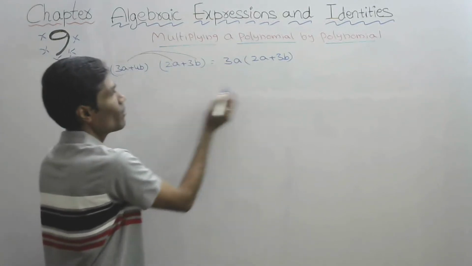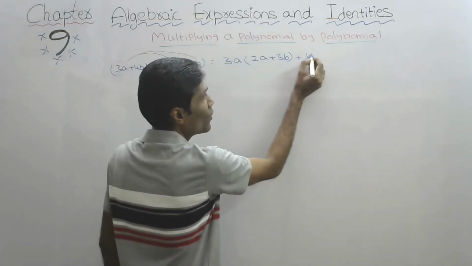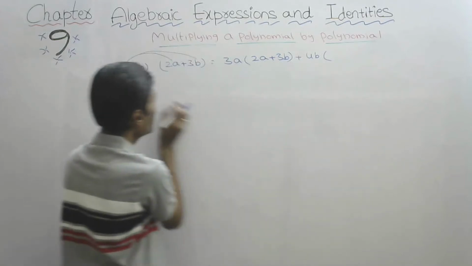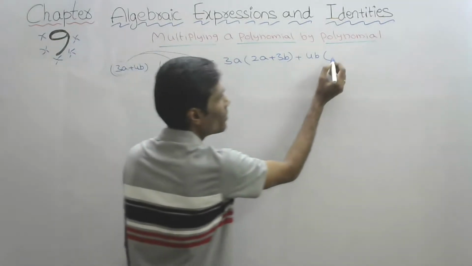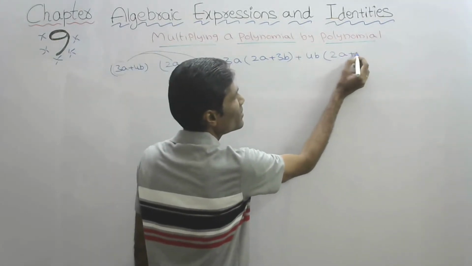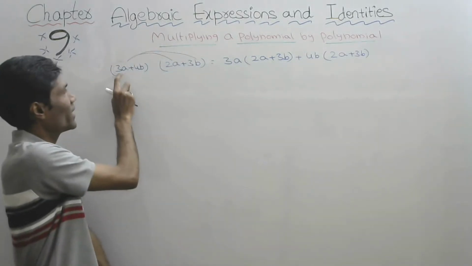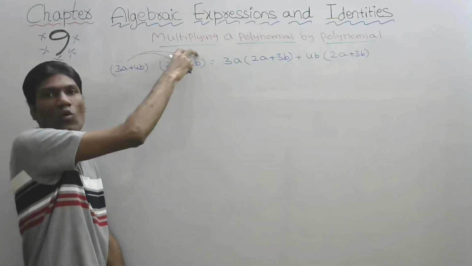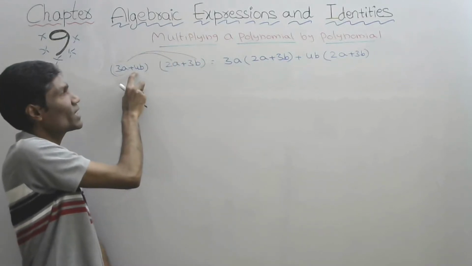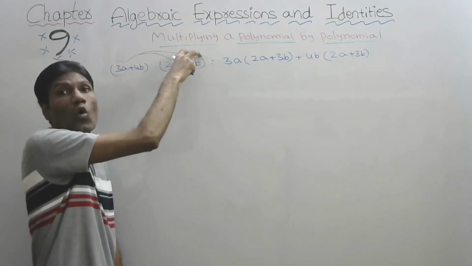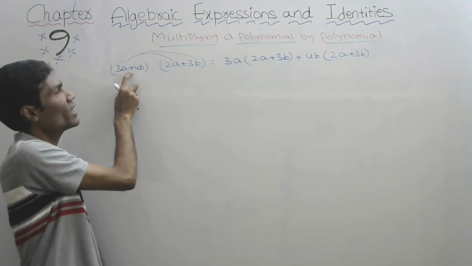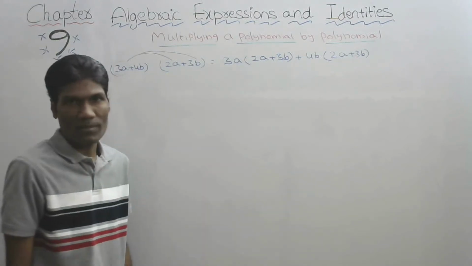What is the symbol here? Plus. So we will be taking 4b and we will multiply this 2a plus 3b. So here what we are doing is take the first one and multiply the whole part. Take the second one and multiply the whole part. What is the symbol here? Plus. Plus we are keeping.